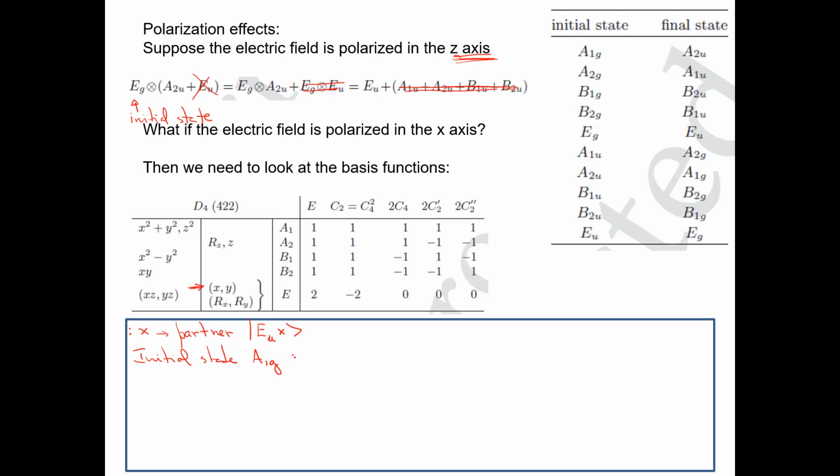Then the final state must be one that contains the direct product of Eu and A1g, and this is simply Eu. Whenever you make a direct product with the identity representation, you get the same representation.